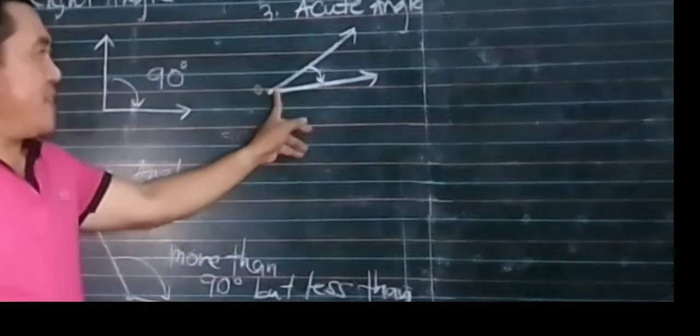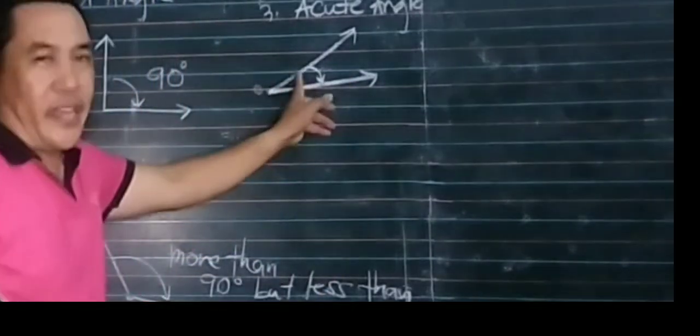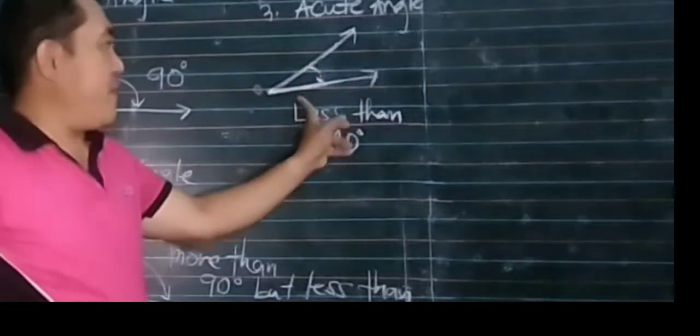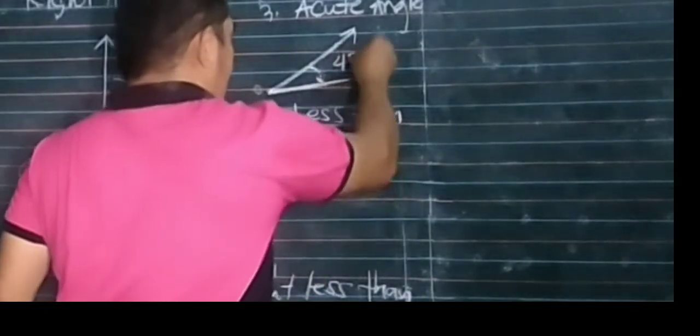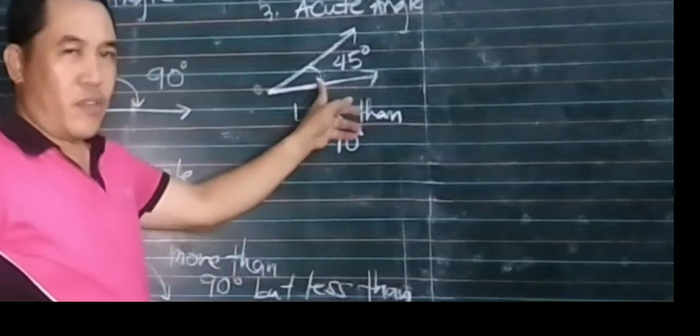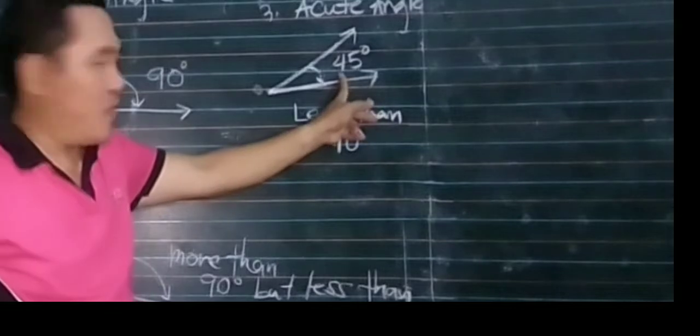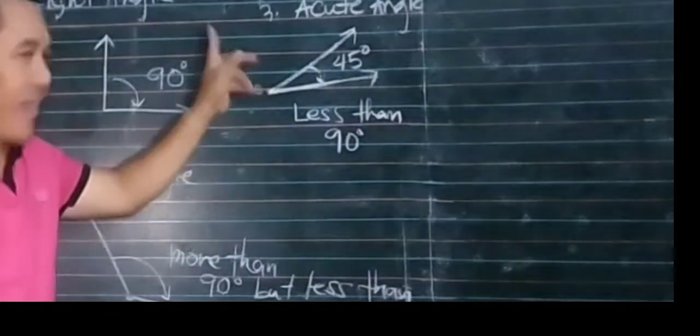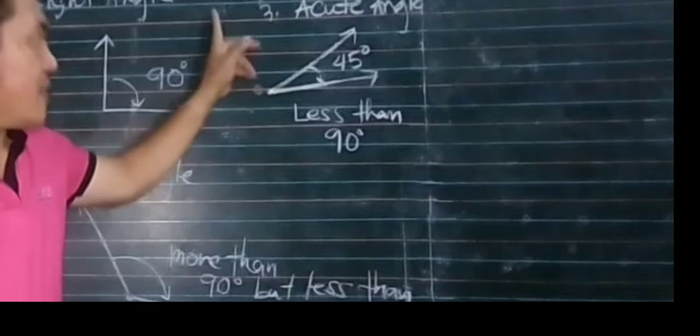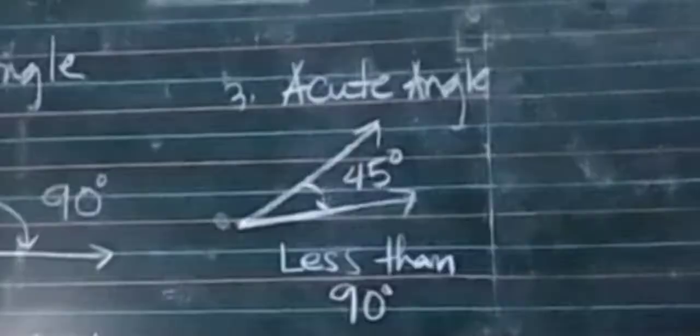The measure is less than 90 degrees. For example, 45 degrees is an acute angle. Starting from 1 degree up to 89 degrees is an acute angle.